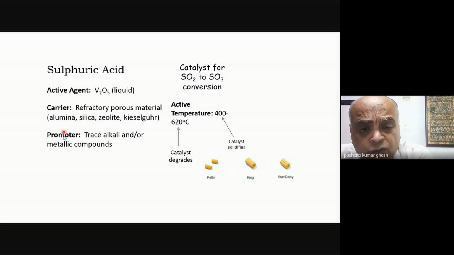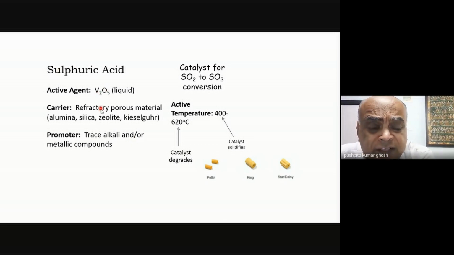But what they also found is that along with this, when they add certain other constituents, the basic activation barrier comes down. We saw that from 34 kilocalorie per mole, it tends to come down to something like 25, 24 kilocalorie per mole. And that is promoted by certain alkalis and some other things.